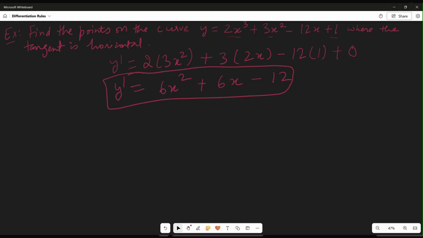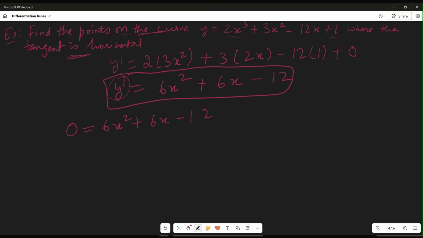Now this is where we go. Find where the tangent is horizontal. The tangent is horizontal when the derivative is 0, and this is how we are going to find the points on the curve. So if the derivative is 0, that means 0 is equal to 6x square plus 6x minus 12.